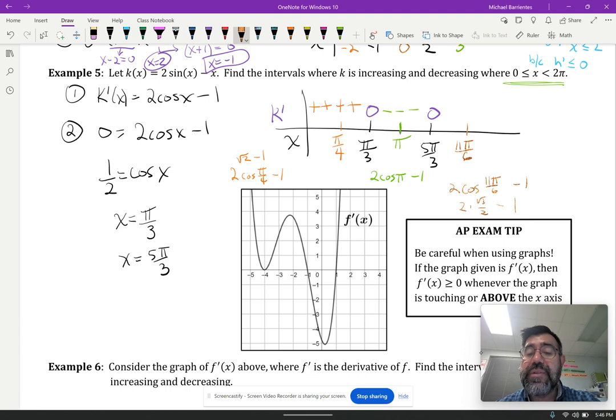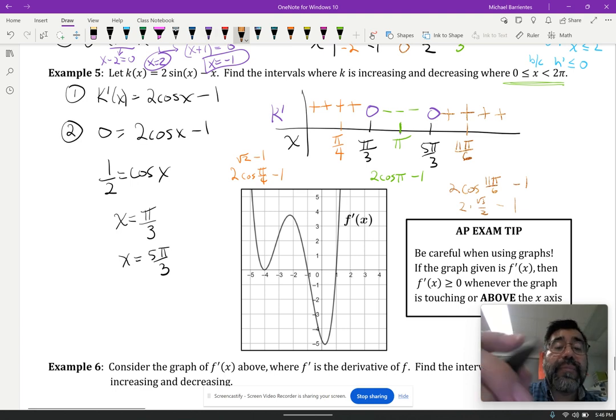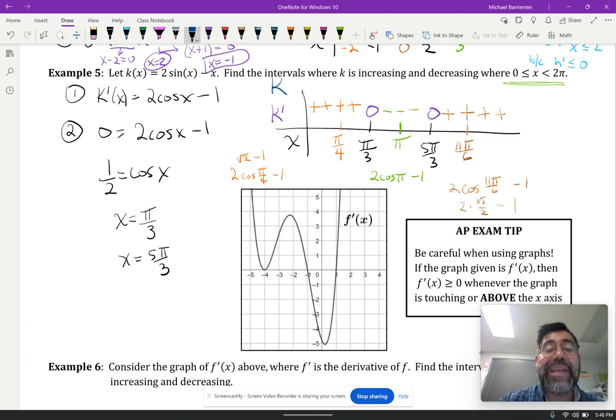These are going to cancel, so I'm left with square root of 3. And if I take square root of 3, which is about 1.73, minus 1, I am going to get a positive. And I can choose any other point, and I'll be done. Great. I can definitely see where my original function k is increasing, decreasing, and then increasing again.